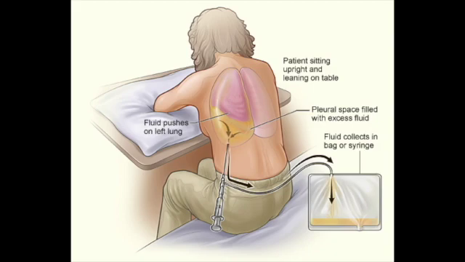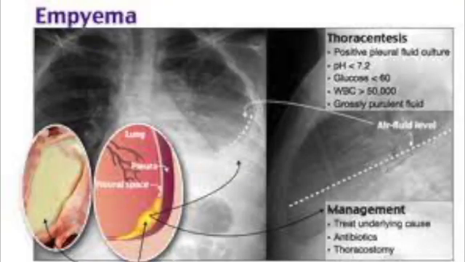Chest radiographs are the initial test of choice, and we have blunting of the costophrenic angles, which is the meniscus sign. In the lateral decubitus, it's also helpful to differentiate loculations from the empyema and detect smaller effusions. In extreme cases, it may cause a lung collapse or a mediastinal shift to the contralateral side.